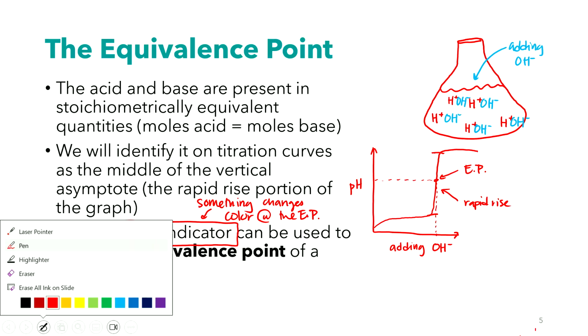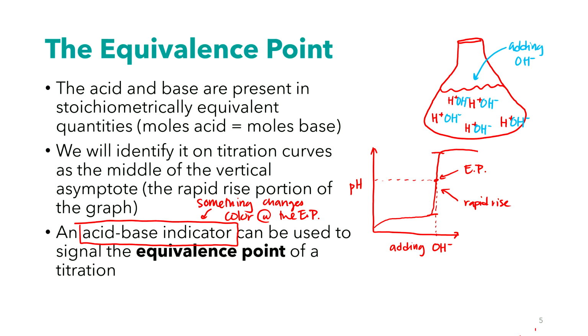We'll look at that in more detail, but we might have something that is green at the equivalence point and blue after it. This probably isn't landing right now, but when we look at this later, we'll say, before we hit that equivalence point, it's yellow. At the equivalence point, it's green. And if we go beyond it, it's blue. So we have some other chemical in there that's giving us an indicator of the pH.